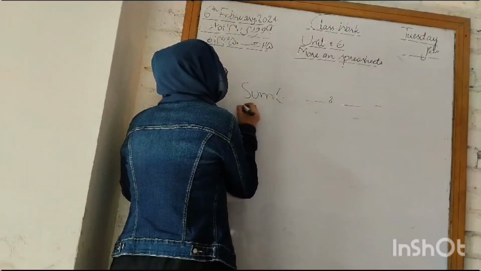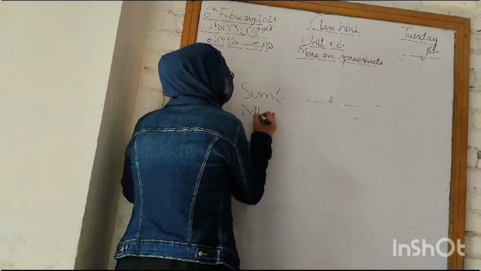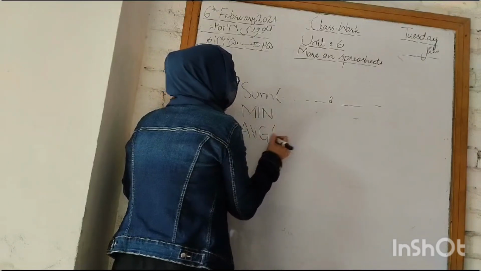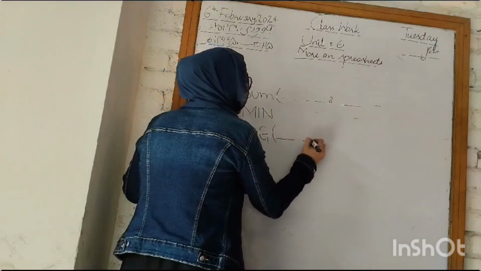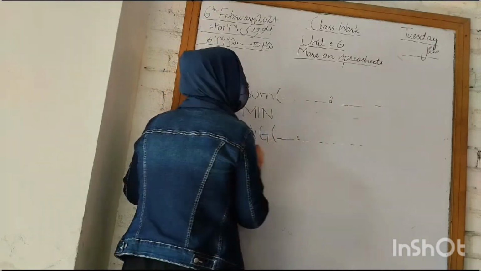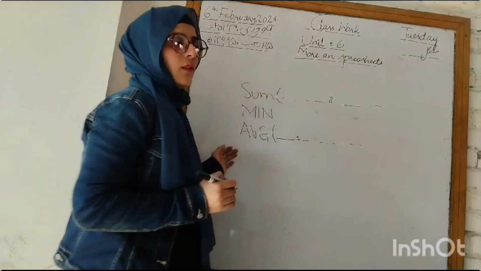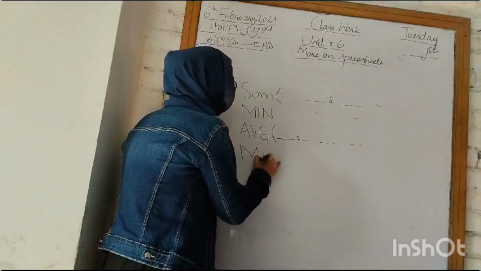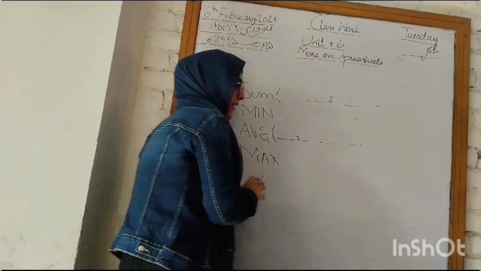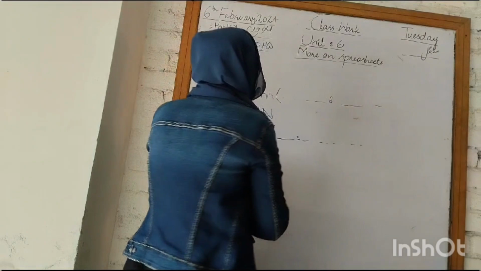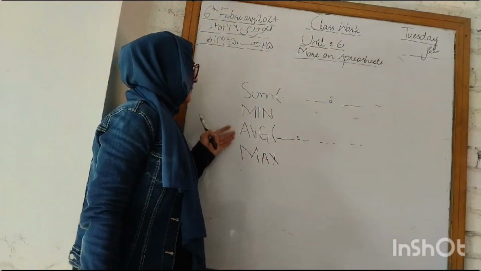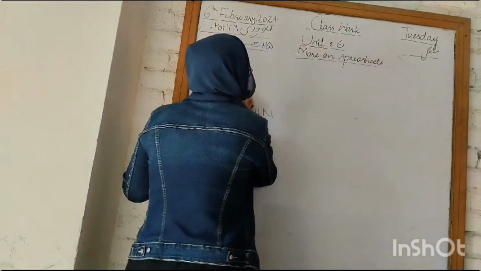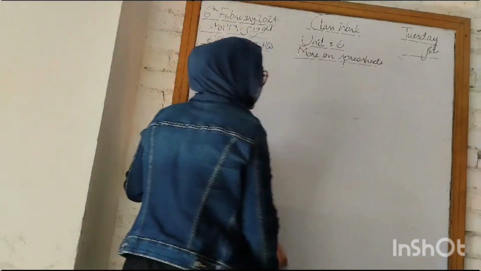And then if you want the minimum, use the minimum function, or if you want the average function, you just write the cells, colon, and the built-in function will be done. Average, sum, minimum, maximum. We have many functions, but we will discuss sum, minimum, average and maximum in this chapter. You can discover more functions in the spreadsheets.